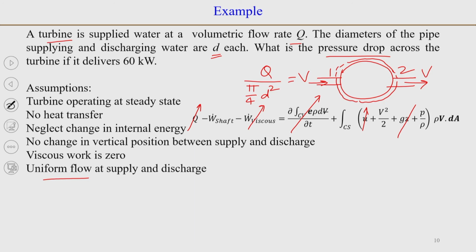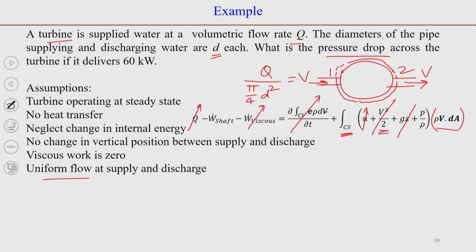Okay. Now, we do not need to integrate because the flow is uniform. So, rho V dot dA is the mass flow rate, and the mass flow rate is the same at sections 1 and 2. So, the V squared by 2 term will also cancel out, because V 1 squared and V 2 squared are the same, multiplied by the mass flow rate.